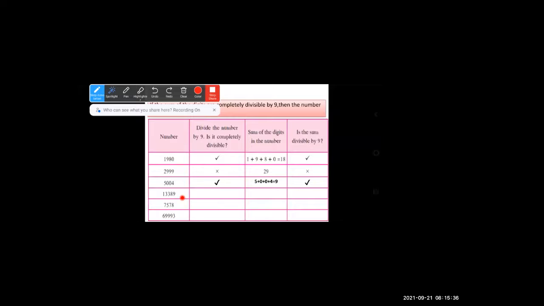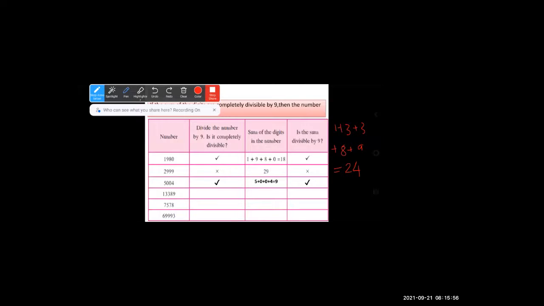What question, miss? Add all the digits of this number. 13,389. Add all the numbers: 1 plus 3 plus 3 plus 8 plus 9. So what is the total that you will get? 24.